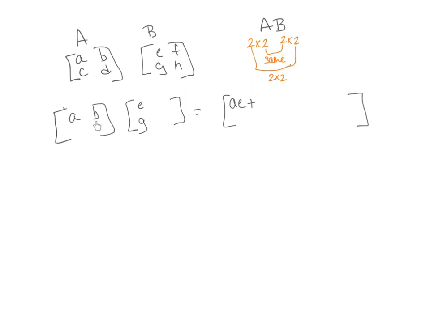I'm going to take B, which is in that second position, and I'm going to multiply it by G, which is in that second position, right? Those corresponding parts. So I would have B, G. And that would give me my row 1, column 1 position.